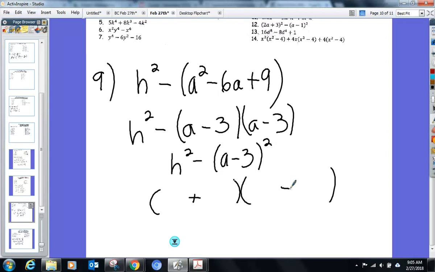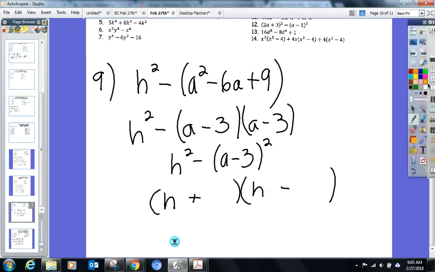What should go here and here? Well, that's h squared, so I should put h and h. Now what do you think about here? (a minus 3) squared. What should go here and here? a minus 3 and a minus 3. Yep.